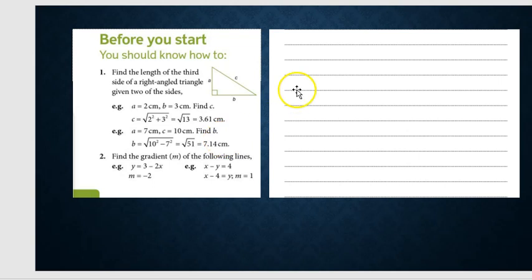We are going to go back to Pythagoras theorem, how to find the length of the third side of a right angle triangle given two sides. So here we have sides a, b and c. You can see this is a right angle triangle as it is indicated.